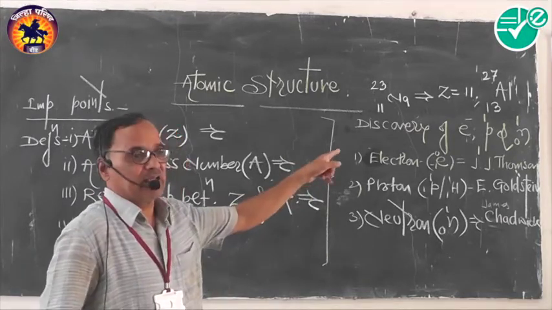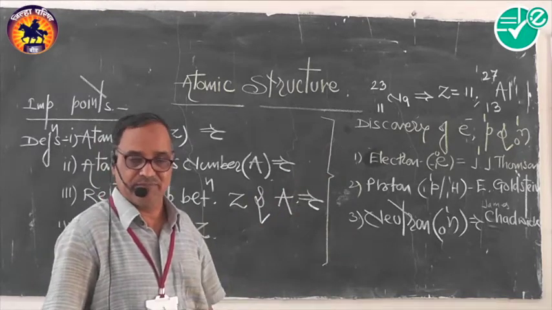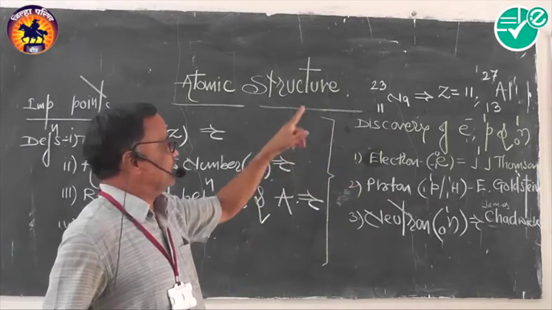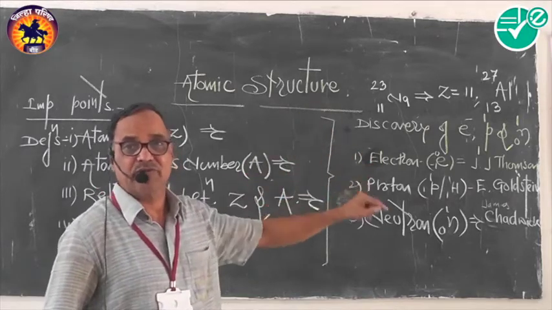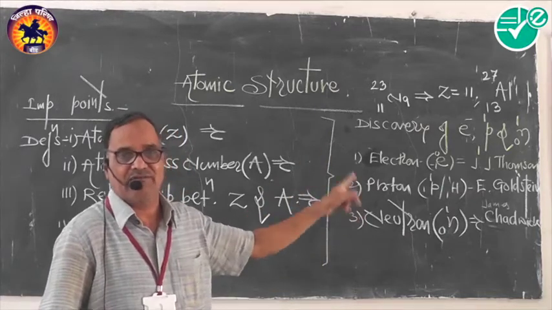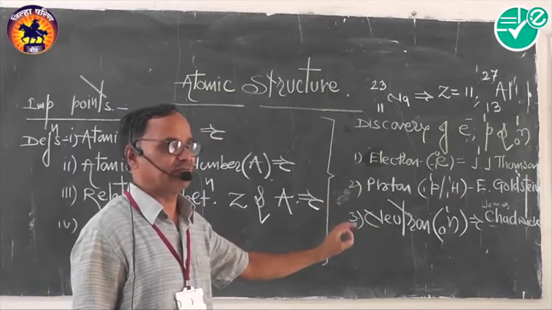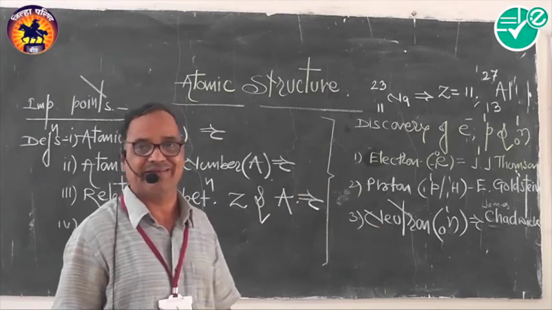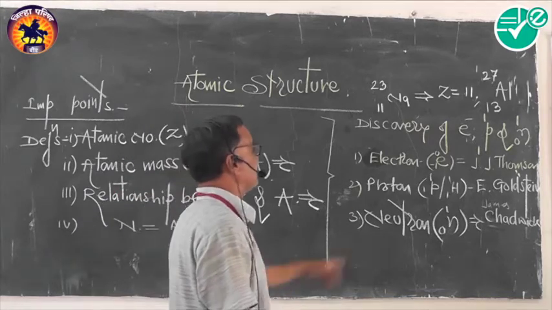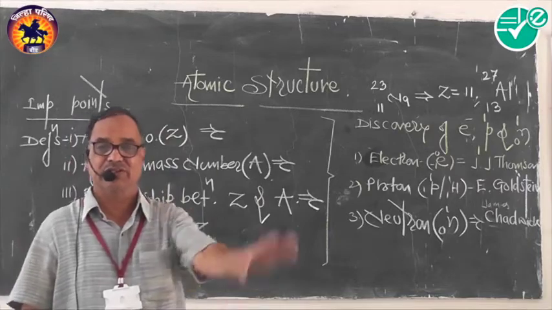So that number at the bottom of the symbol of aluminium indicates the atomic number of aluminium. It means that the atomic number of aluminium is equal to 13. It indicates that the nucleus of each and every aluminium atom contains 13 protons in the nucleus.